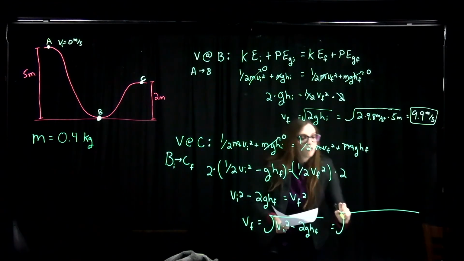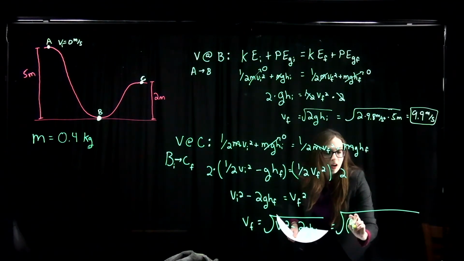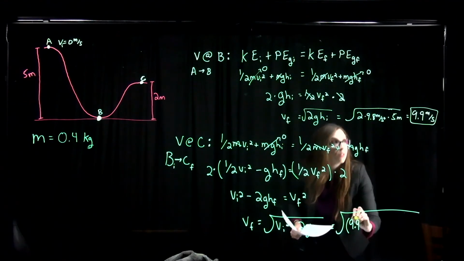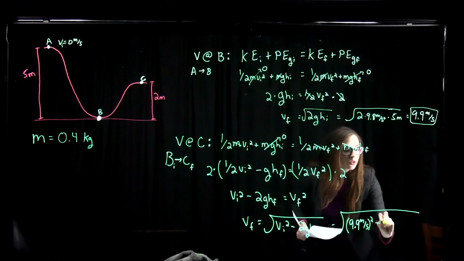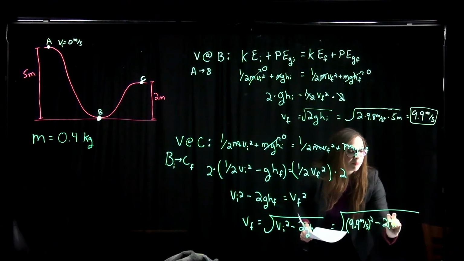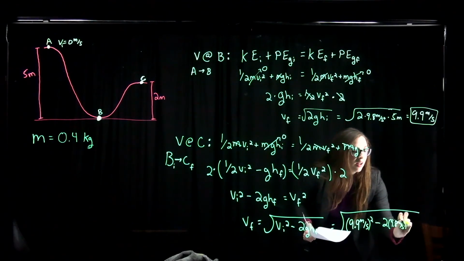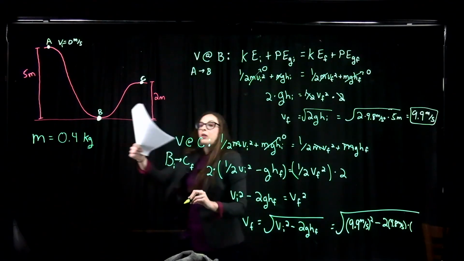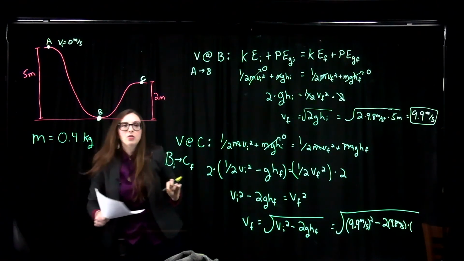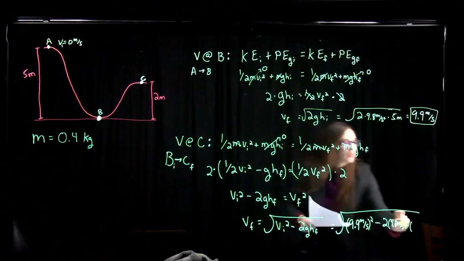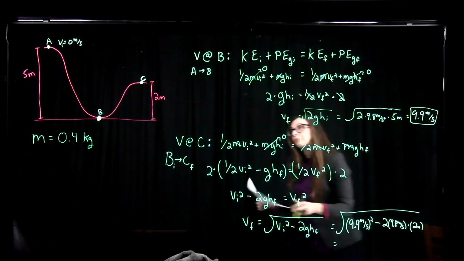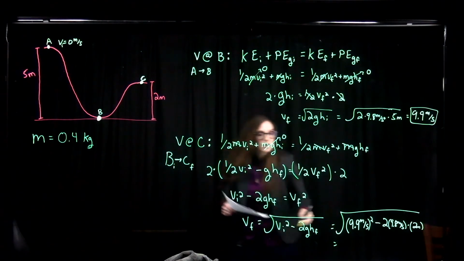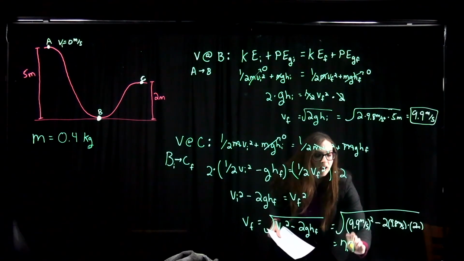So this initial velocity would be 9.9 meters per second, squared, minus 2 times 9.8 meters per second squared, and I've labeled over here that at point C we're at a height 2 meters above the ground. So plug all that in, and we get our velocity over here at point C is 7.7 meters per second.